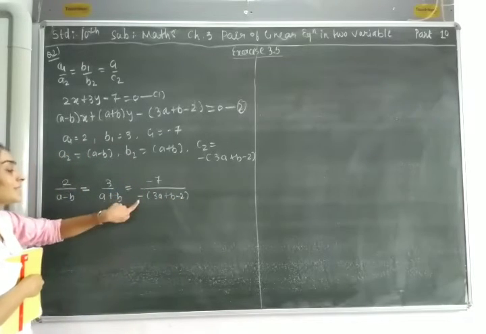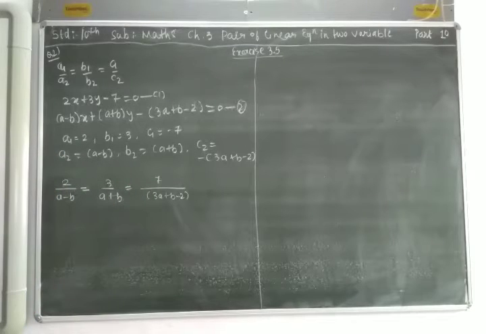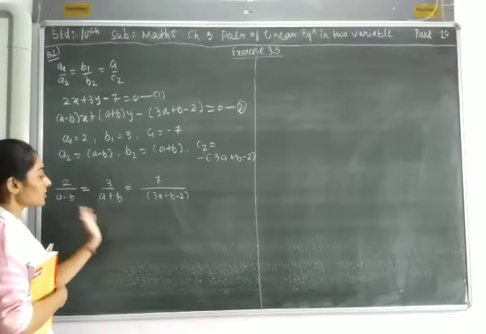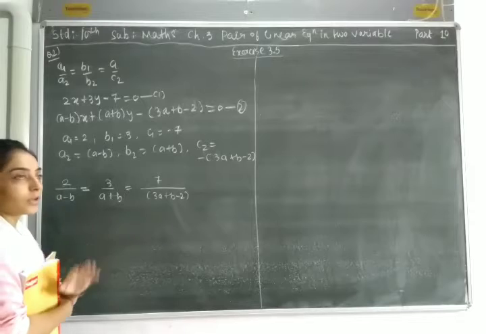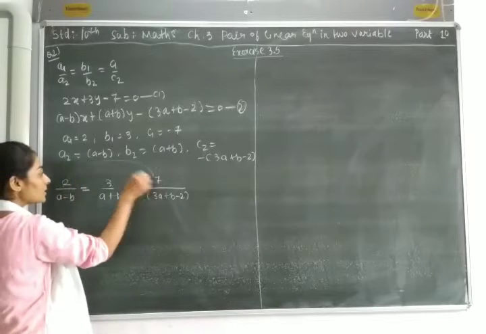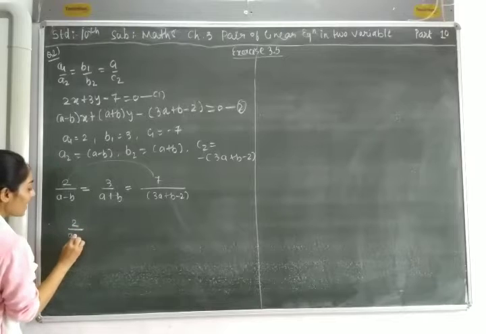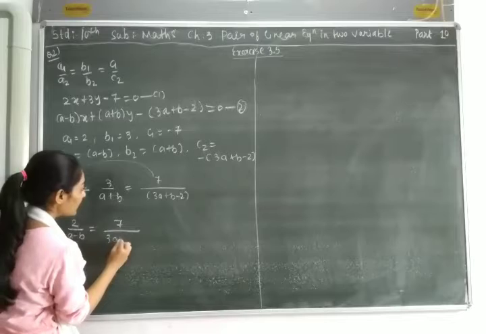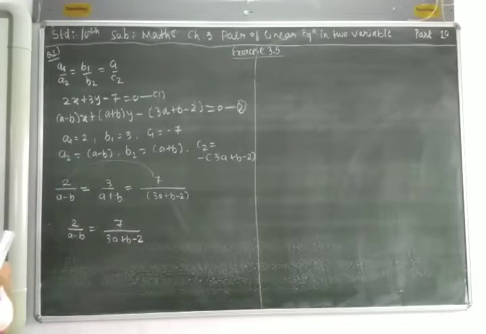So these both minus signs get cancelled. If this ratio equals this ratio and this ratio equals this ratio, we can take any two of the ratios. So I am comparing these two ratios.